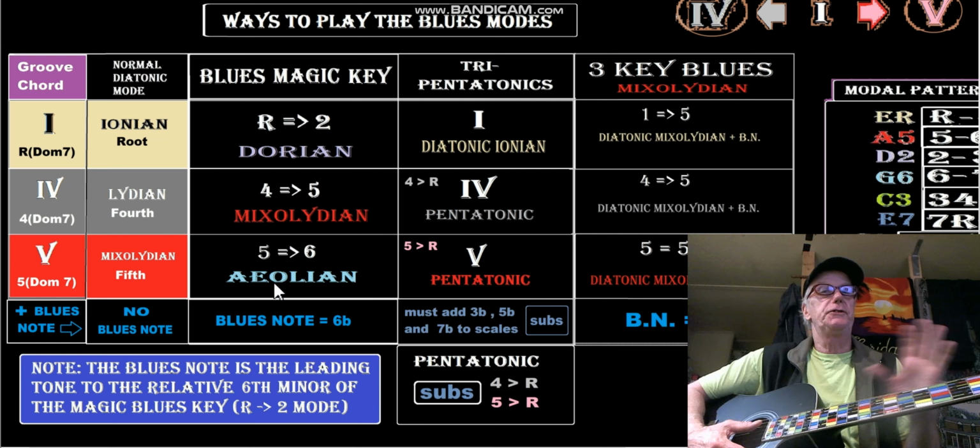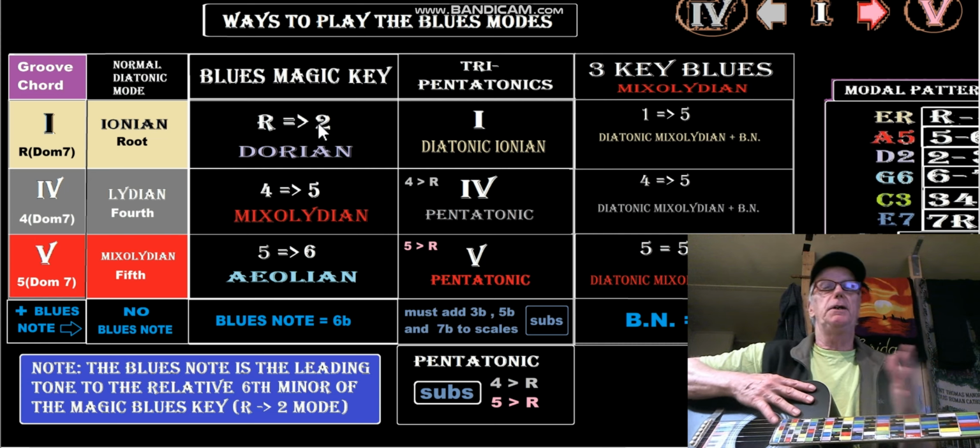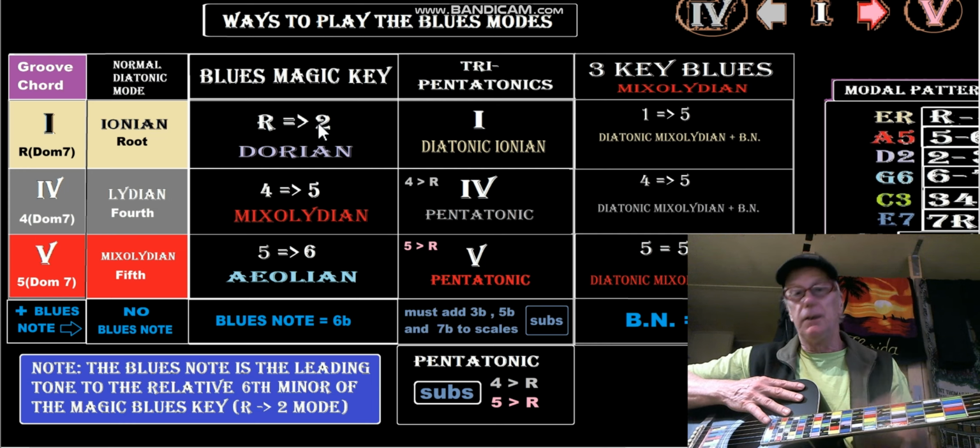Okay, so one is the 2-string shape. It just becomes the 2-string shape. When you begin a minor string shape from a 2, it becomes a Dorian.